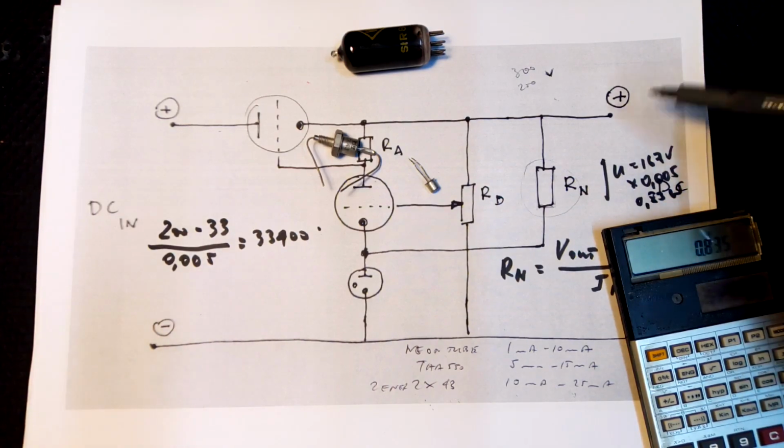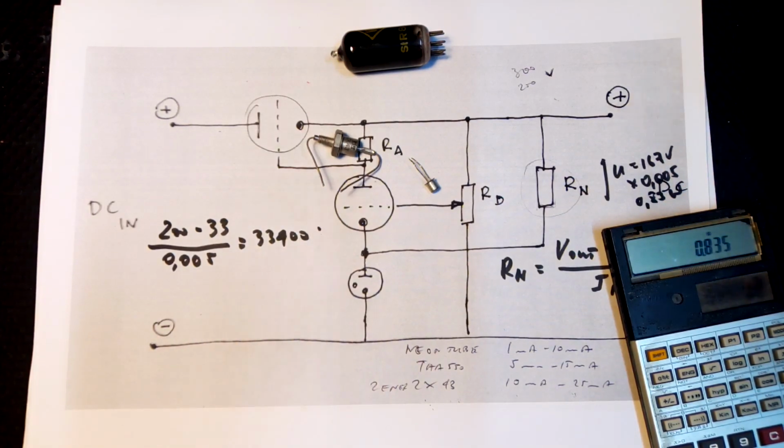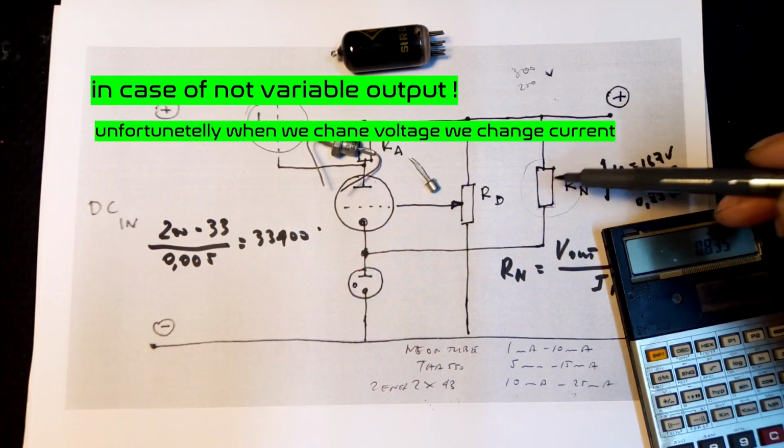So it means 1 watt is maybe not enough. 1.5 watt will be the best, but we don't have a 1.5 watt resistor, so here it should be something like a 2 watt resistor in this place.